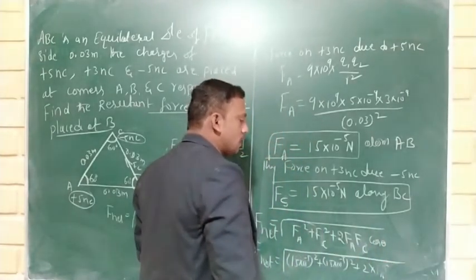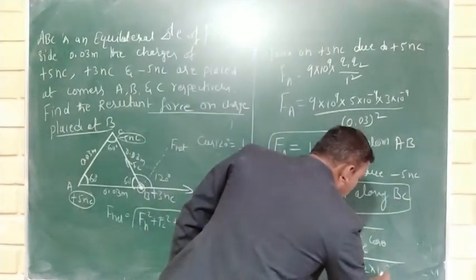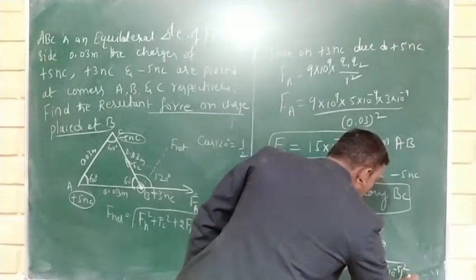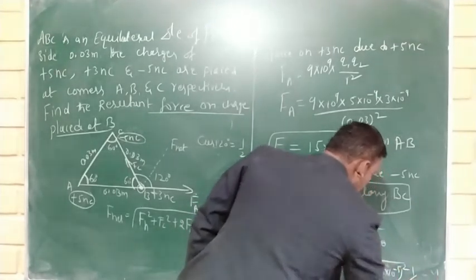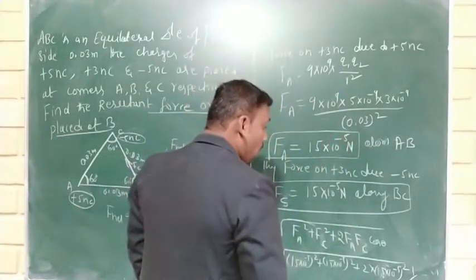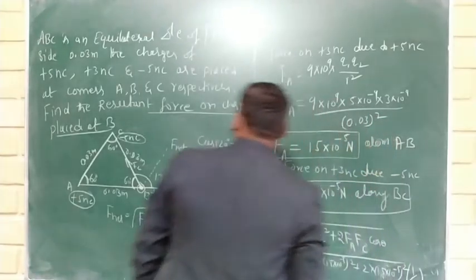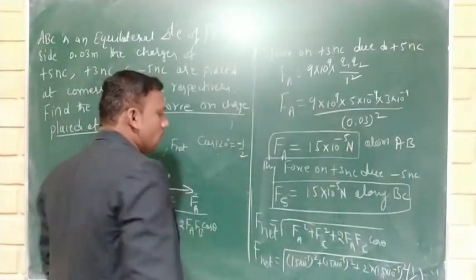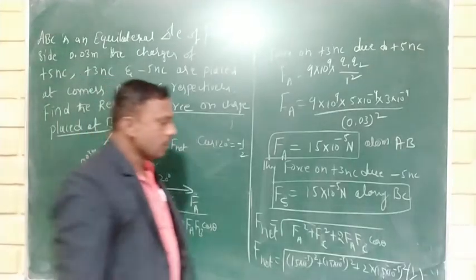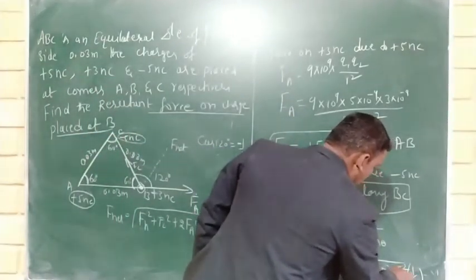FA and FC are the same, so 15 into 10 to the power of minus 5 whole square into cos 120 degrees, which is minus 1 by 2.